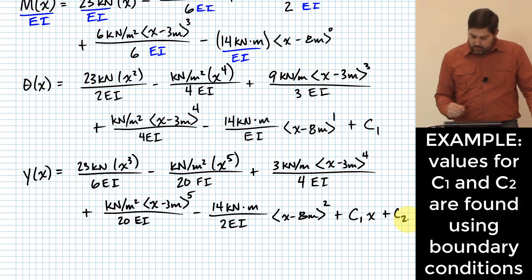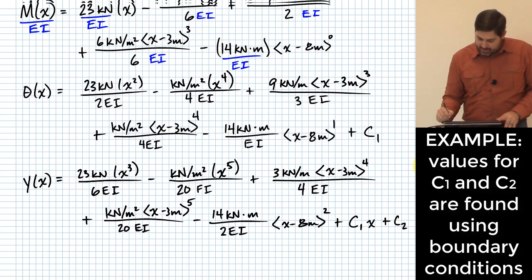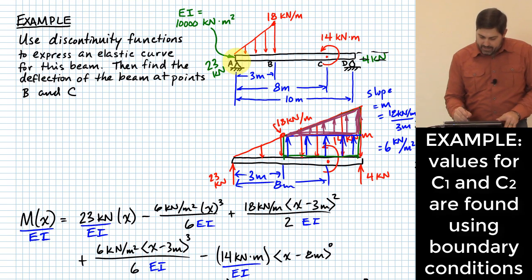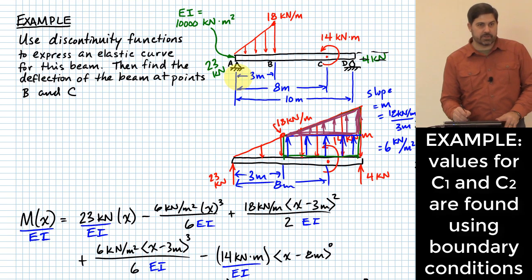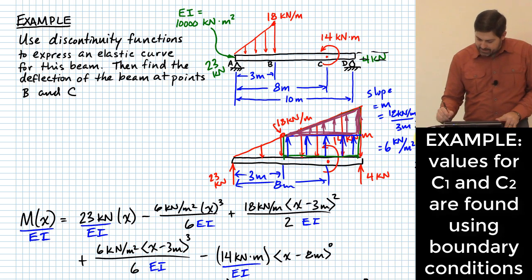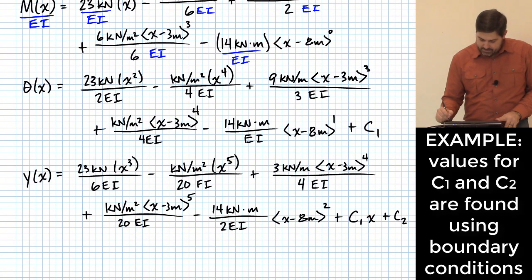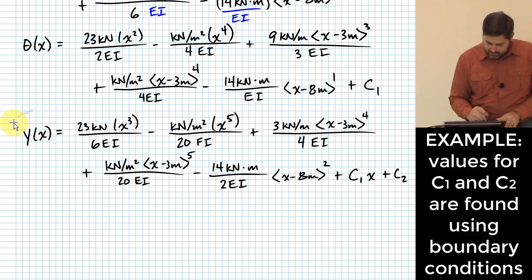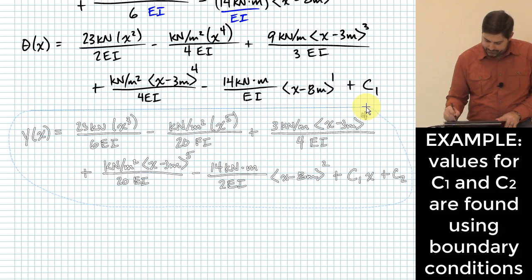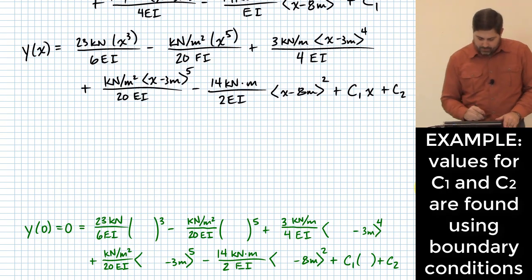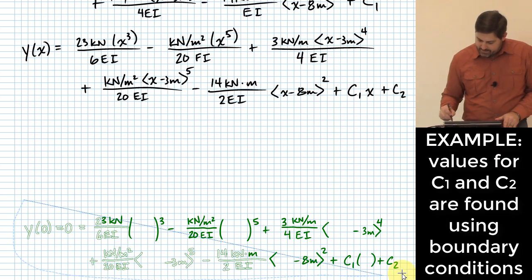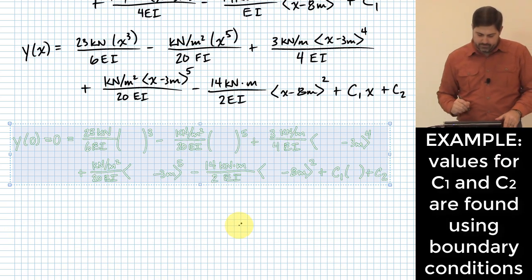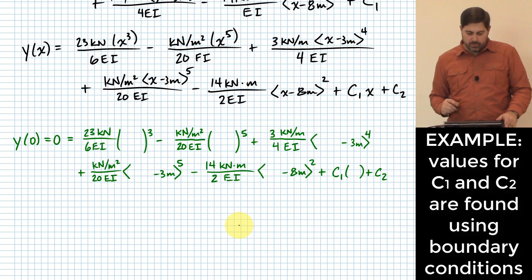Now we have an expression where we can start to think about trying to apply boundary conditions. So where's one boundary condition that we have? At x equals 0, deflection is equal to 0, right? So essentially what that says is I can take this expression that I used right here, a function that looks like this. At an x value of 0, what do we do everywhere we have an x?